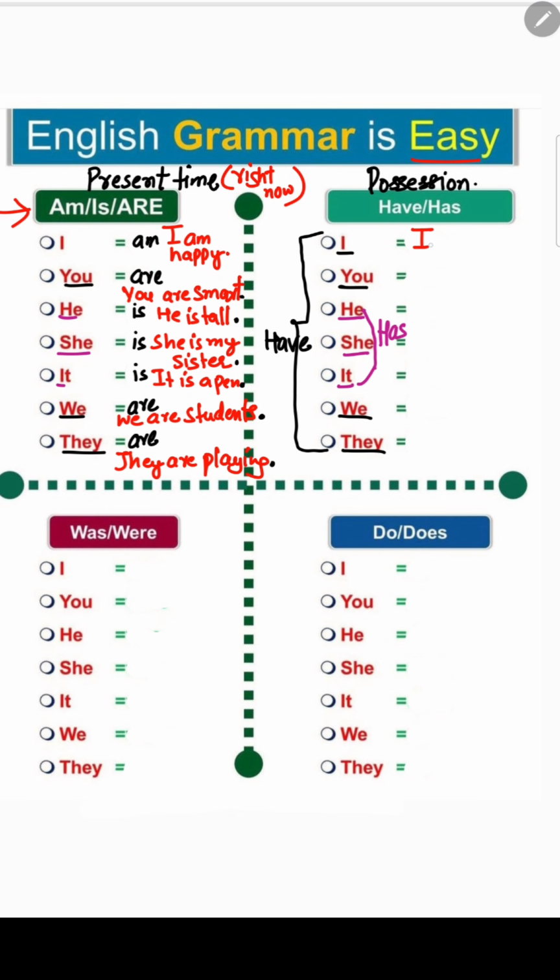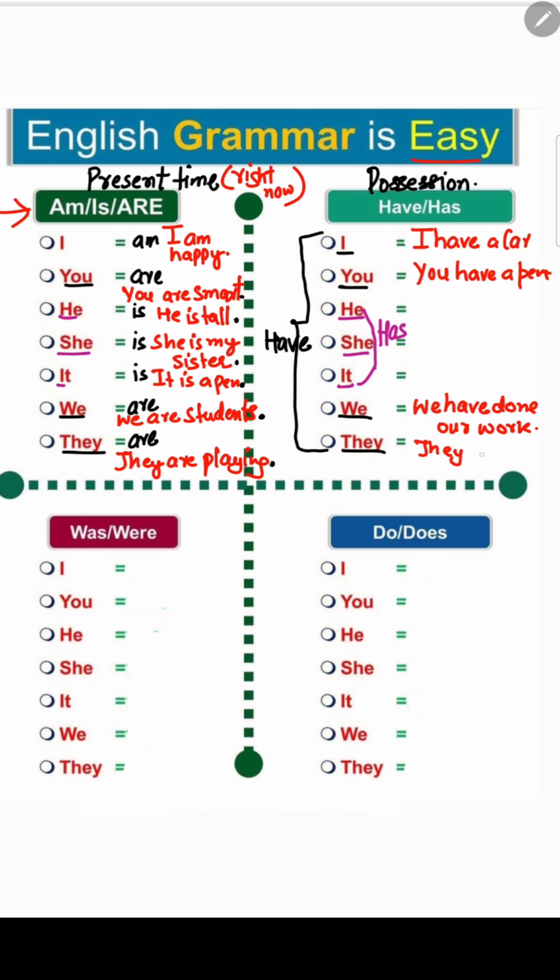I have a car. You have a pen. We have done our work.